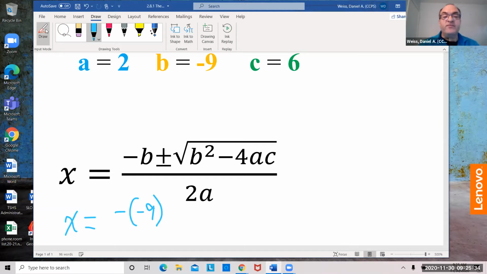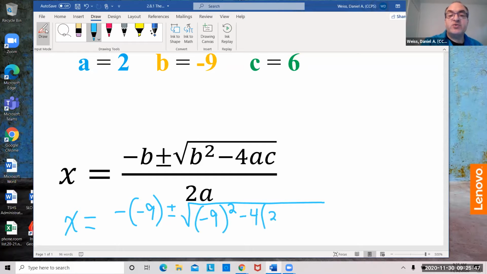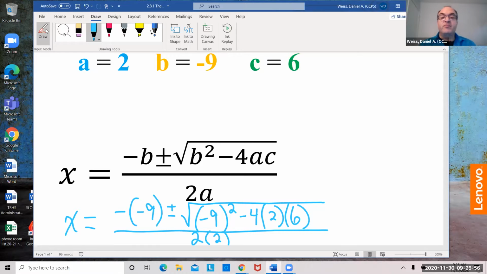Let me know if I just confused you there. Plus or minus square root of negative 9 squared minus 4 times 2 times 6, all over 2 times 2. Okay?